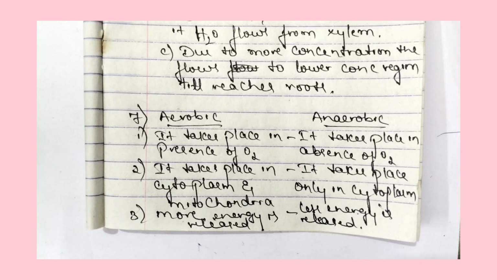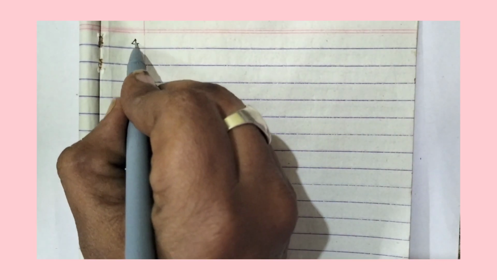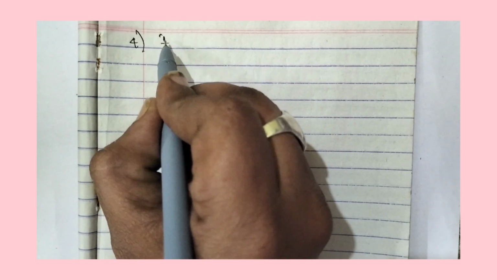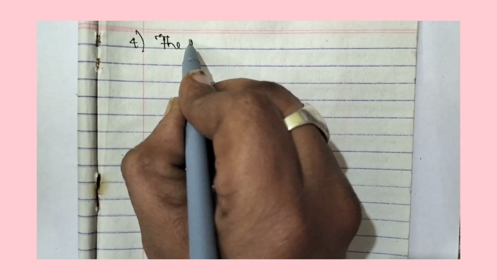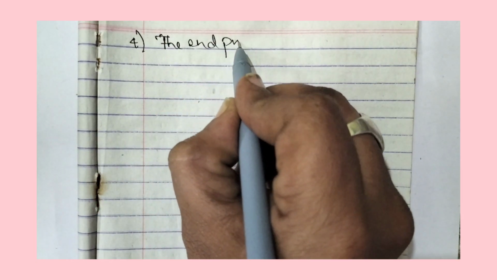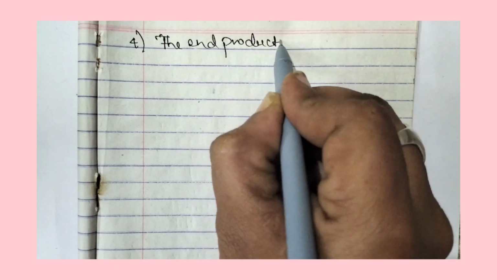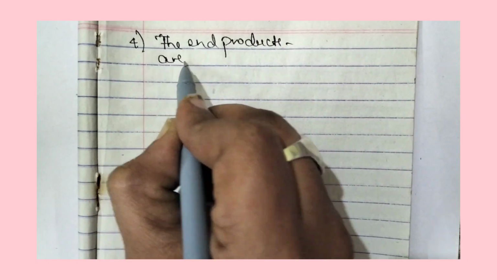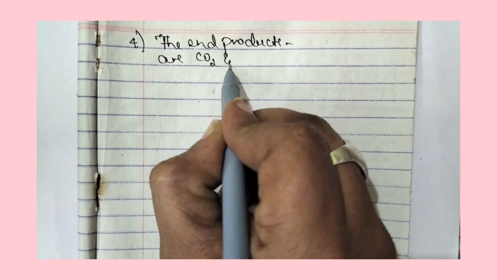And the last point, the fourth point, is the end products. In aerobic respiration, the end products are carbon dioxide and water.